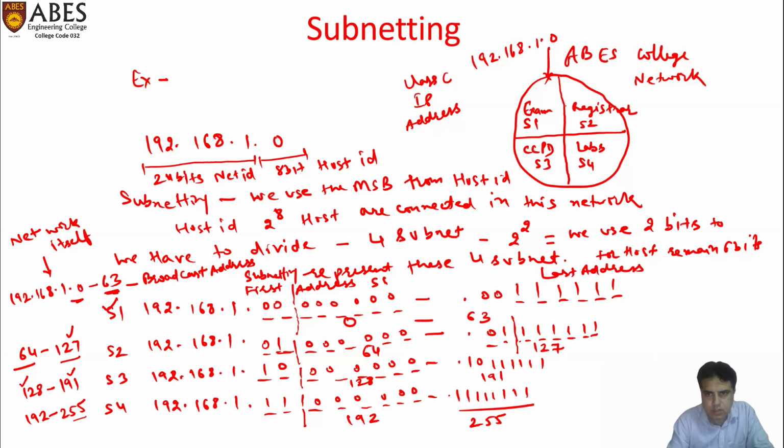To connect the hosts, we use the range from 192.168.1.1 to 192.168.1.62. These are the usable addresses to connect the hosts for the subnet S1.